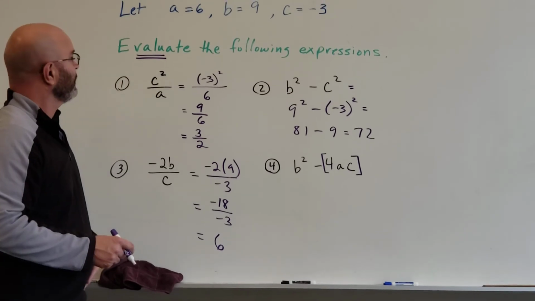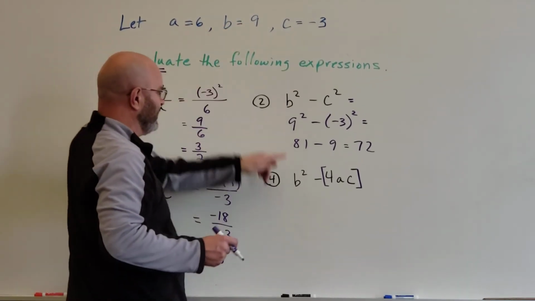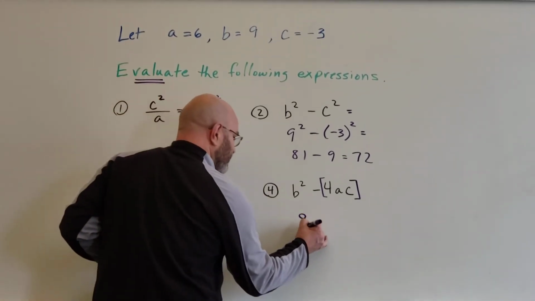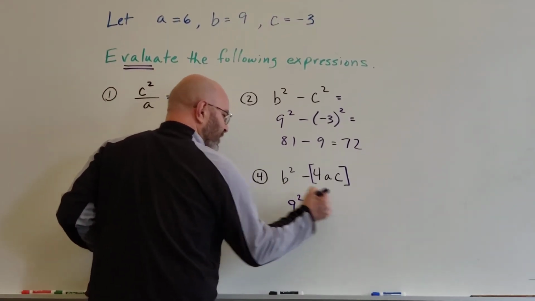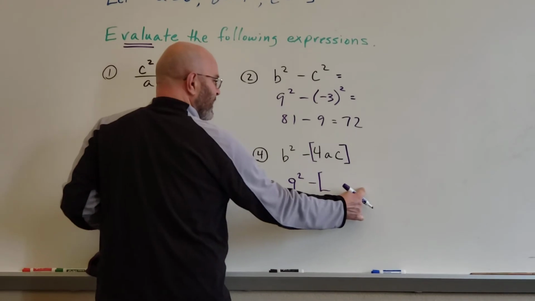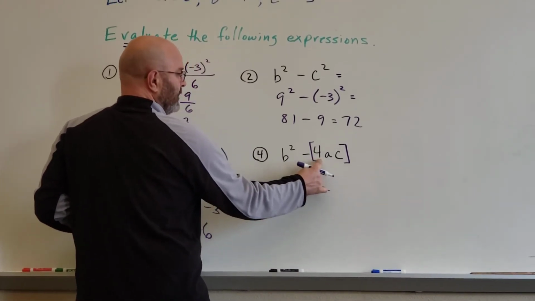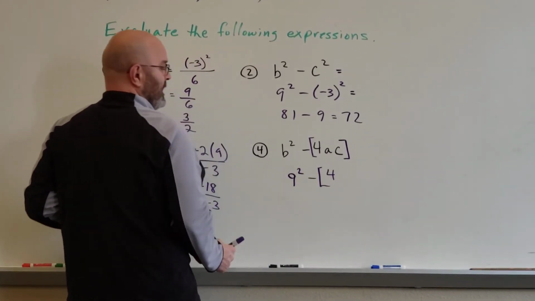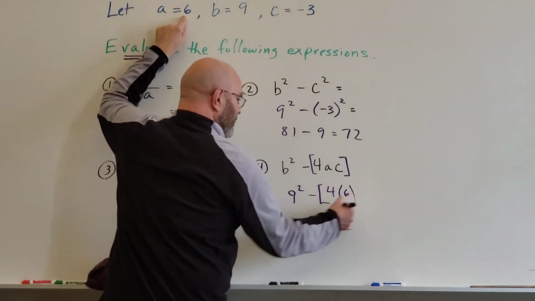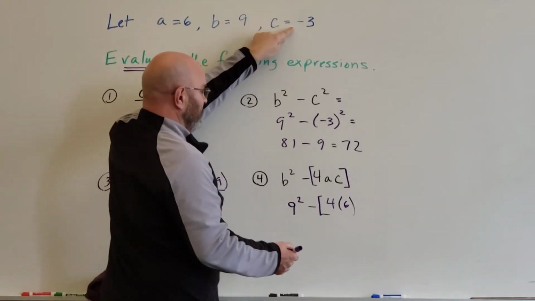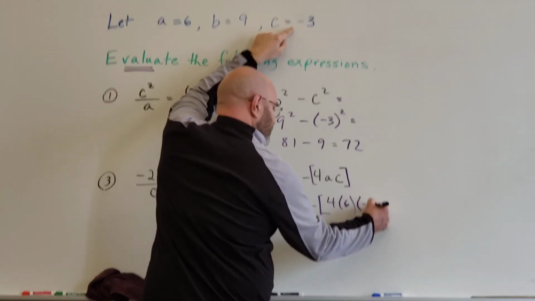So to evaluate this expression, I'm taking 9 and I'm plugging it in for b. That gives me 9 to the second minus, and now I'm going to open up my bracket. And now be very careful with this monomial. We have the number 4. I'm multiplying that by a, which is 6. And I'm multiplying that by c, which is -3.